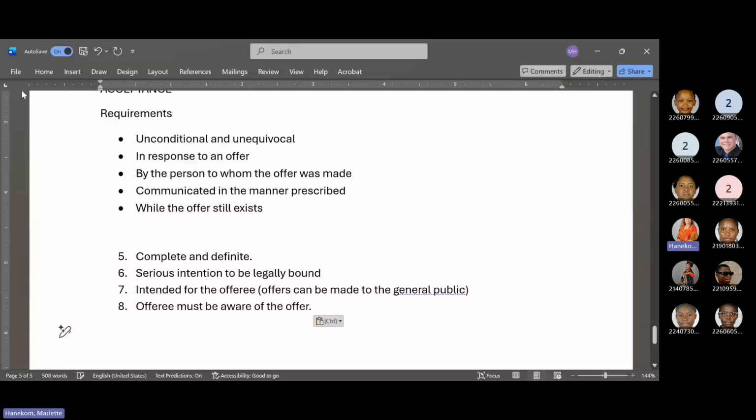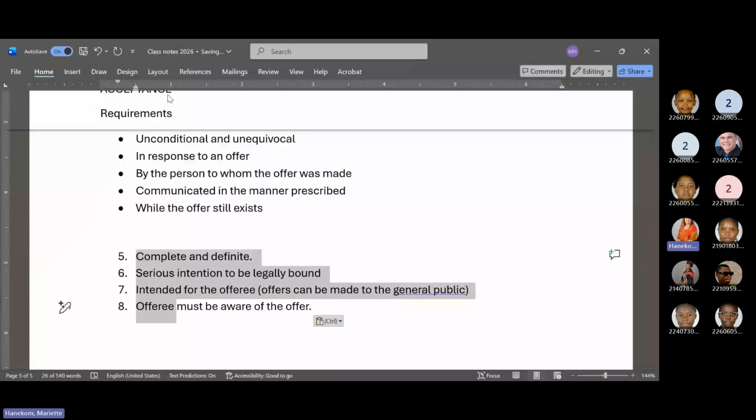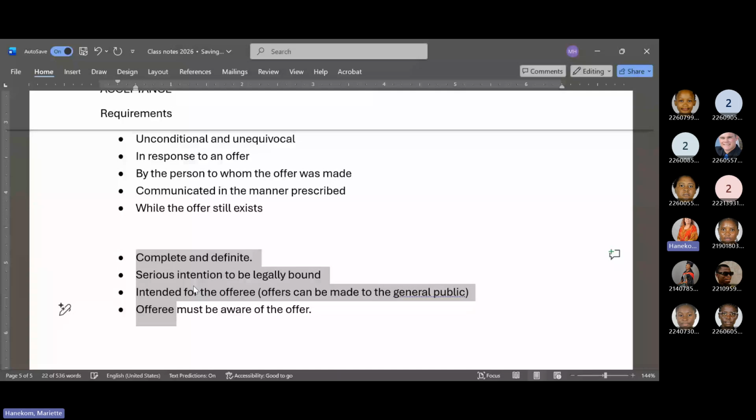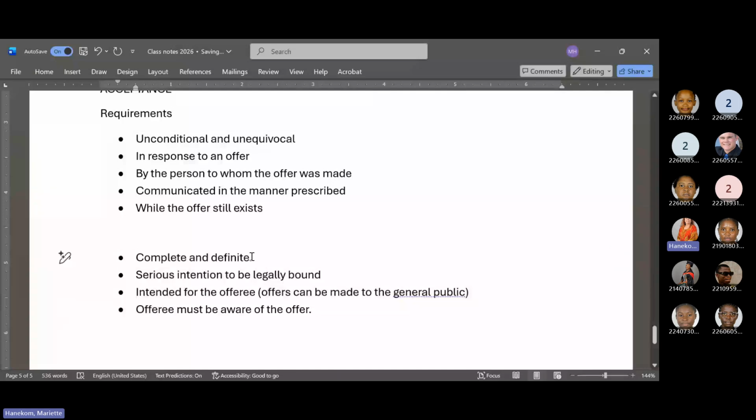If you're looking at the requirements for an offer, it must be complete and definite. Acceptance must be unconditional and unequivocal. It must be intended for the offeree. It must be in response to an offer.